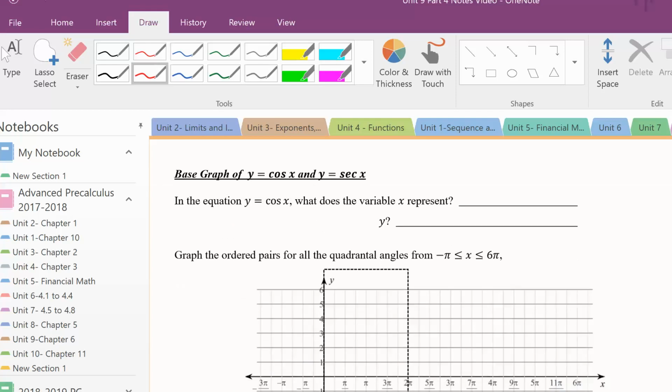For the cosine, the x represents an angle. The y represents the x coordinate on the unit circle.